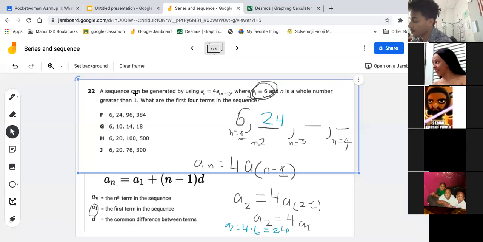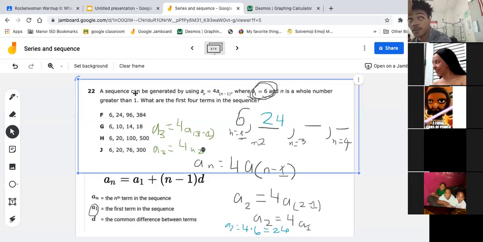To find our third term, we would just plug in 3 for n. So we would get, I'll do it in green, a_3 equals 4 a_(n minus 1). And for n we have 3. So 3 minus 1, 4 times a_(3 minus 1). Well, 3 minus 1 is 2. So 4 times a_2.